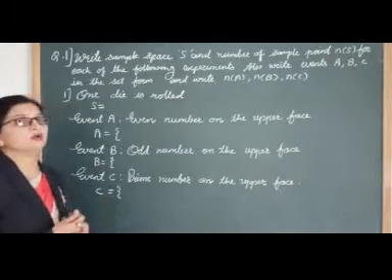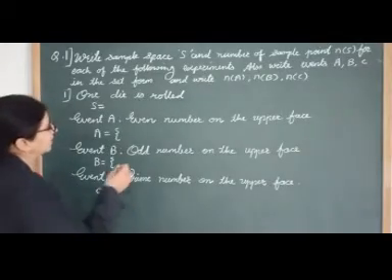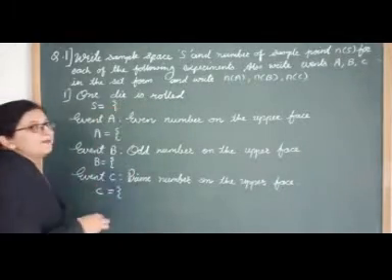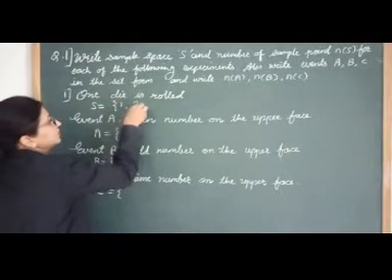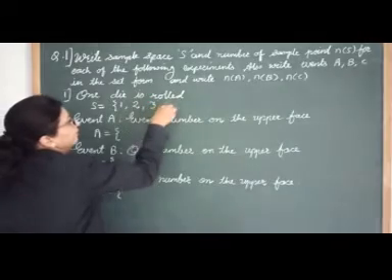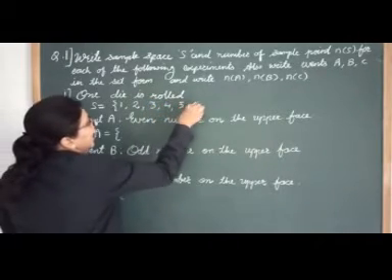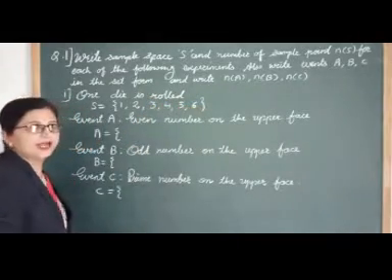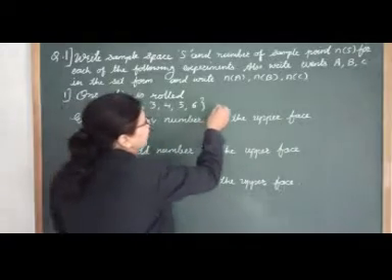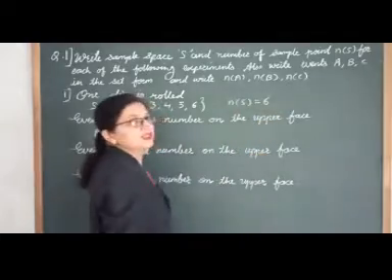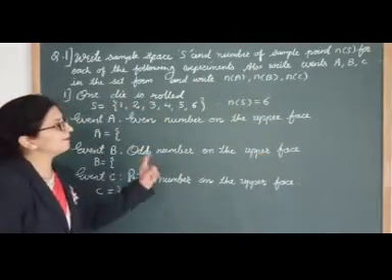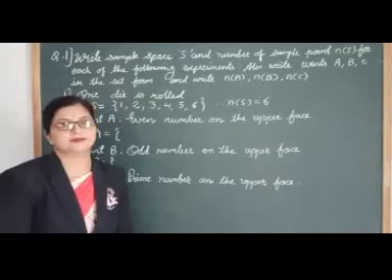What will be the sample space? The sample space will be the numbers 1, 2, 3, 4, 5 and 6. So how many points did we get here? 6 points. So the number of points in the sample space is 6.